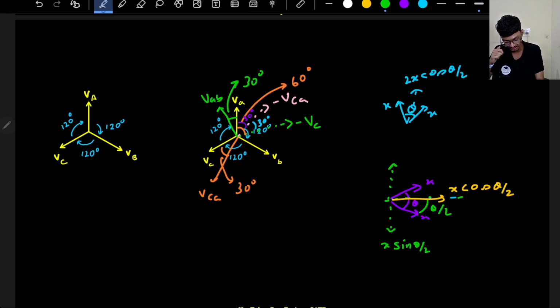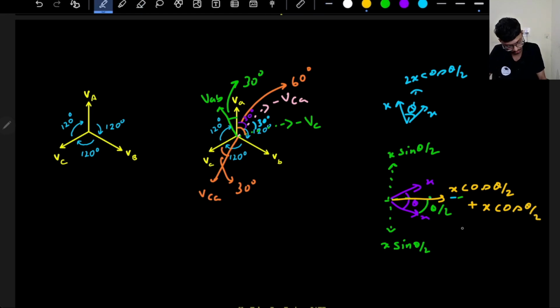And here again, for this vector as well, I will have two components. One will be x into sine theta by 2, the other one will be plus x into cos theta by 2.